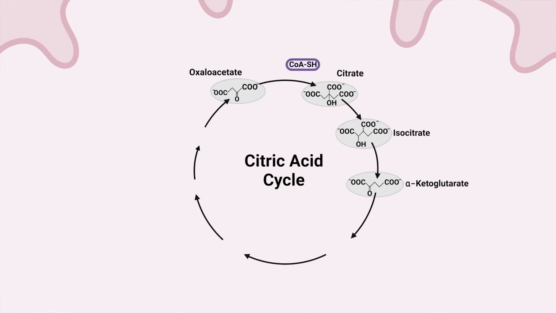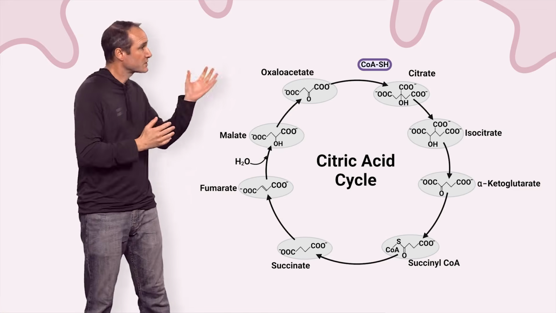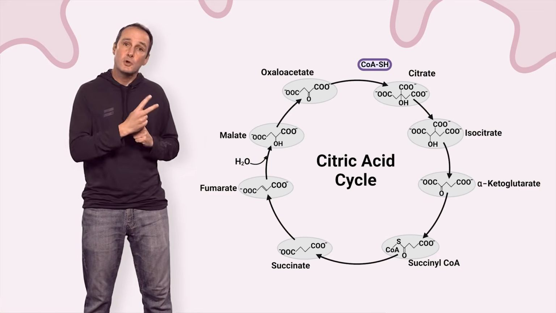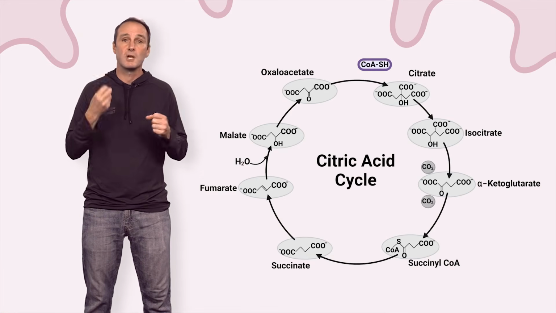Okay. But what you're going to see as this cycle progresses is that that citric acid is going to be degraded back to oxaloacetate. And as that happens, some very cool events are going to occur. So let's just take a look at some of these. Notice that on 2 separate occasions, a molecule of CO2 is given off.